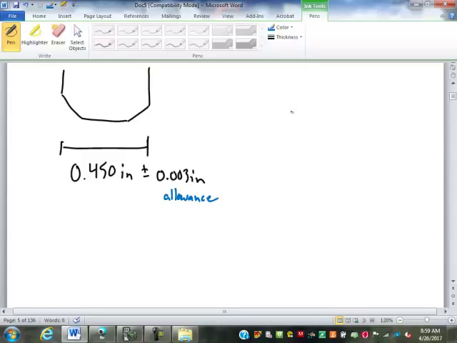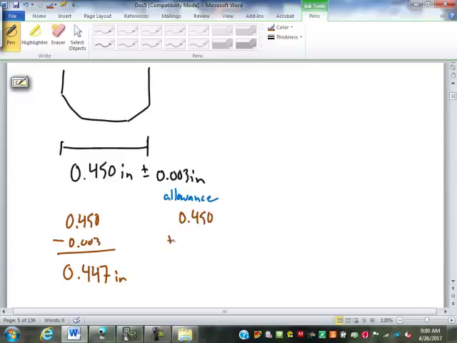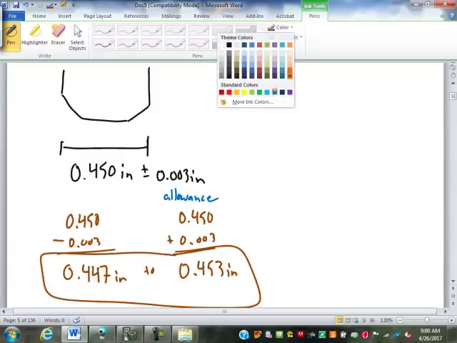It's a 3/1000 allowance, which means you can be 3/1000 smaller. From the 450 thousandths, I can subtract 3/1000, so 447. Or I can go bigger. From the 450 thousandths, I could add 3/1000. 0.453 inches.